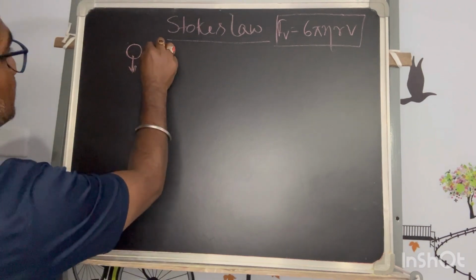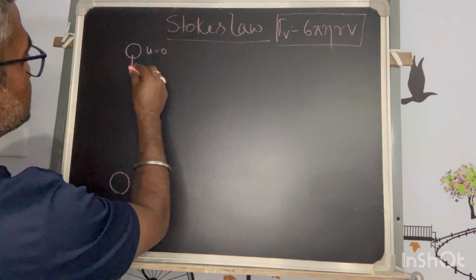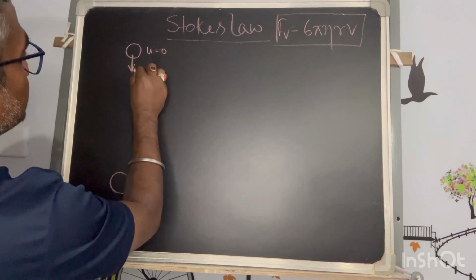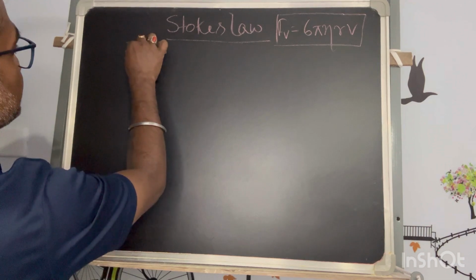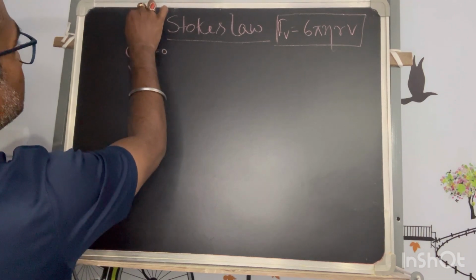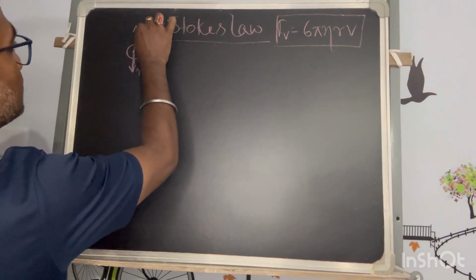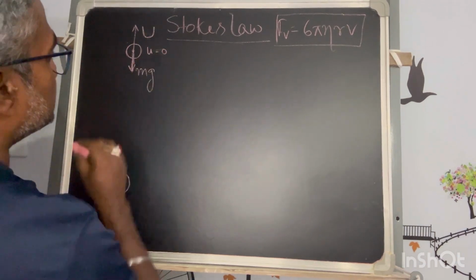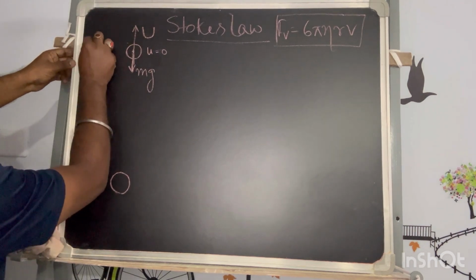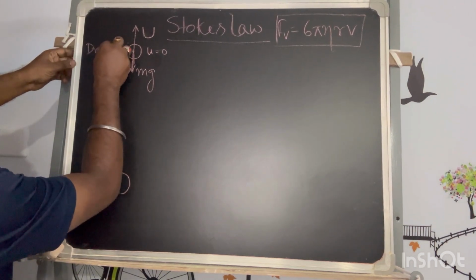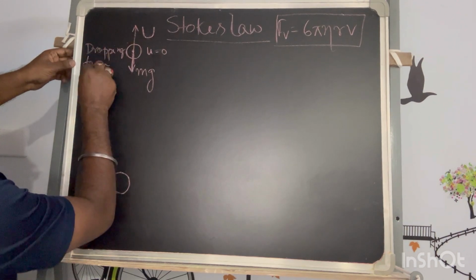So initial velocity u is equal to 0, and the forces applicable to it are mg downward. Okay, this acts from the center of mass, and your upthrust upward, upthrust, capital U, I am taking upthrust upward. U is the initial velocity, dropping from rest.